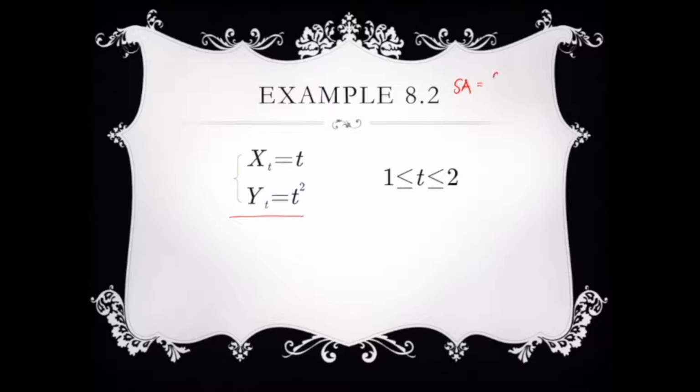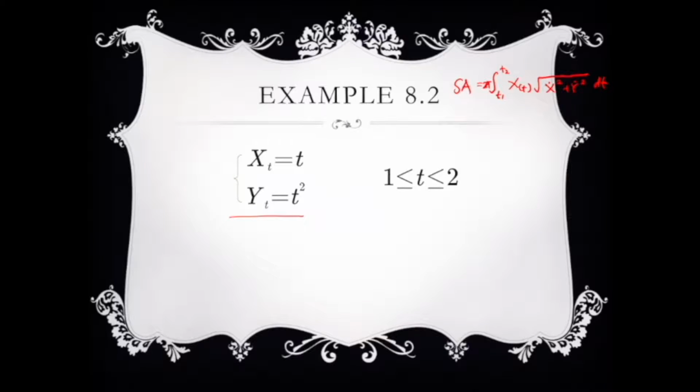SA equals integration from t1 to t2 of, instead of y(t), this time it's x(t) because we are rotating it around the y-axis, and the x becomes the radius, times 2 pi times the arc length. And the arc length for a parametric function is the square root of x dot squared plus y dot squared dt.